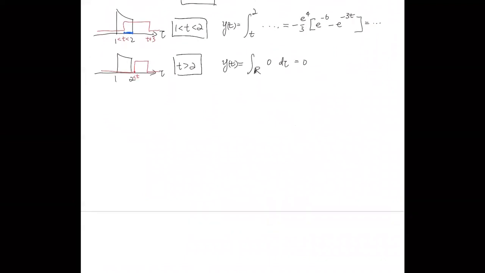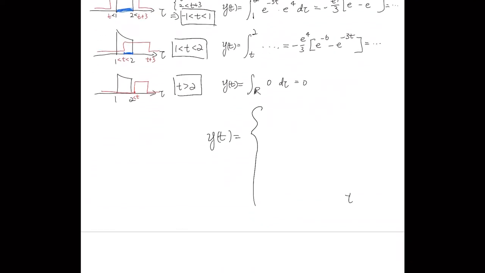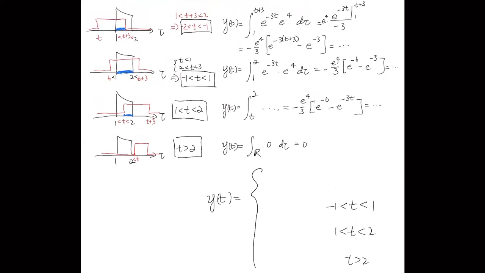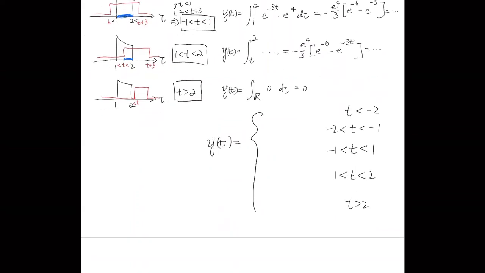And then, as I said, we want to have a good habit, put everything together. So let's copy the intervals from the bottom to top: t greater than 2, t from 1 to 2, t from negative 1 to positive 1, t from negative 2 to negative 1, and t less than negative 2.